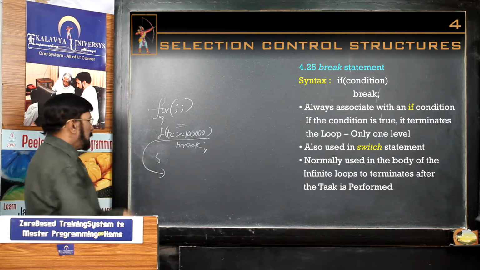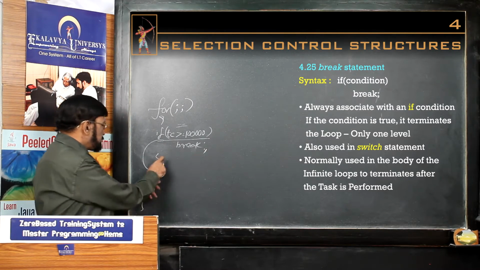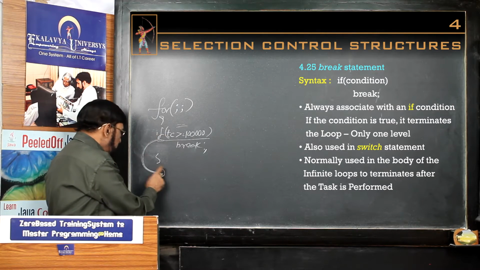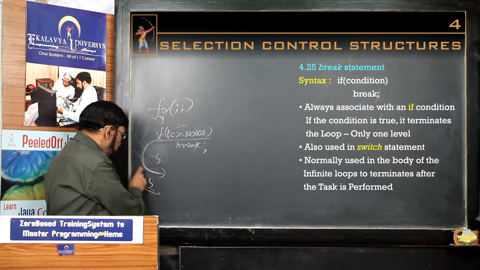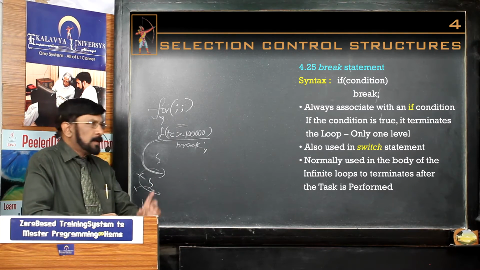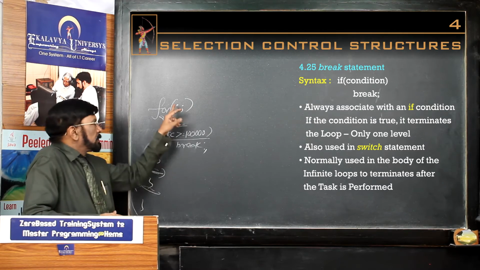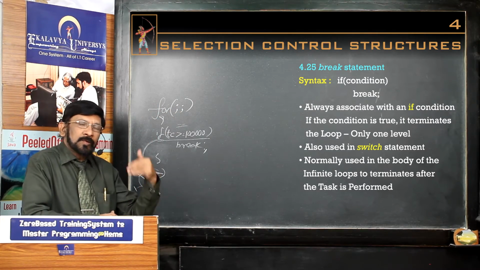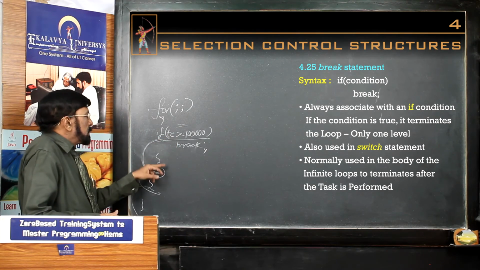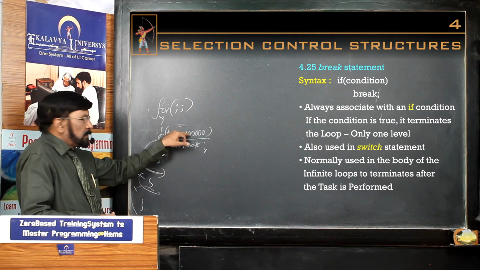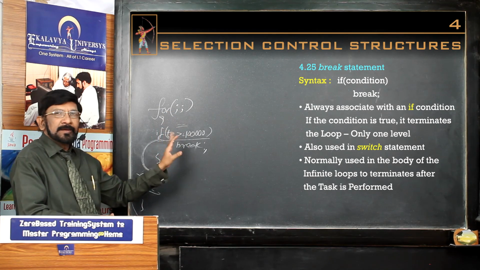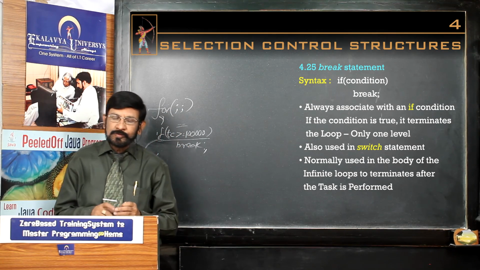Even if loops are nested, it comes out of the current loop only, not the outer ones. In real time you often face this problem: you do not know how many iterations are required. In such a case, we create an infinite loop, and if my task is performed, then break. In this way, we have to use the break statement in our program.